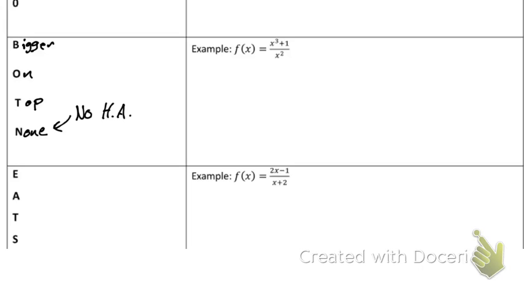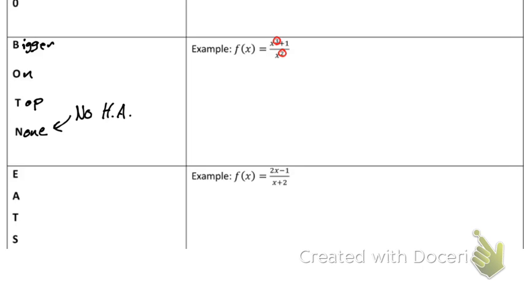Usually what that means is that you have a slant. It means you have an oblique or a slant asymptote. So when we have bigger on top, we usually have to check for a slant asymptote. All right? No horizontal, just a slant. So once again, I look at the powers. I have x to the third, x squared.